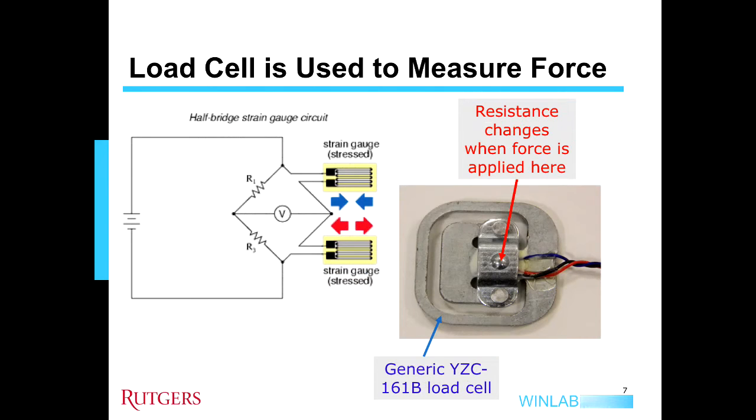Start with motion scale. Motion scale is based on a load cell. A load cell is the same exact unit that's used in a bathroom scale, the scale that we use to measure our weight, the normal one. This unit has resistors inside that are very sensitive to any force applied on it.